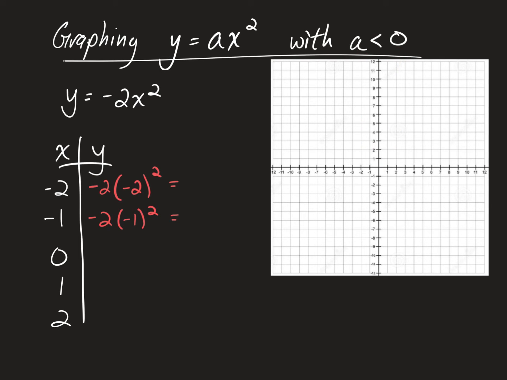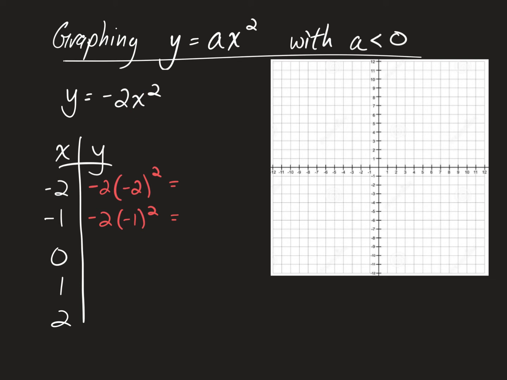On this slide, another example, but this time we changed the number from a positive 3 to a negative 2. So it's negative 2 times x squared. We're going to use the same values here for x. Again, we're just going to substitute negative 2 in for x.